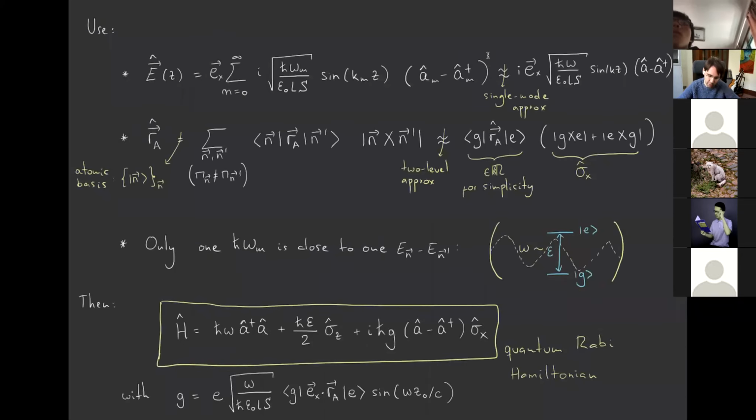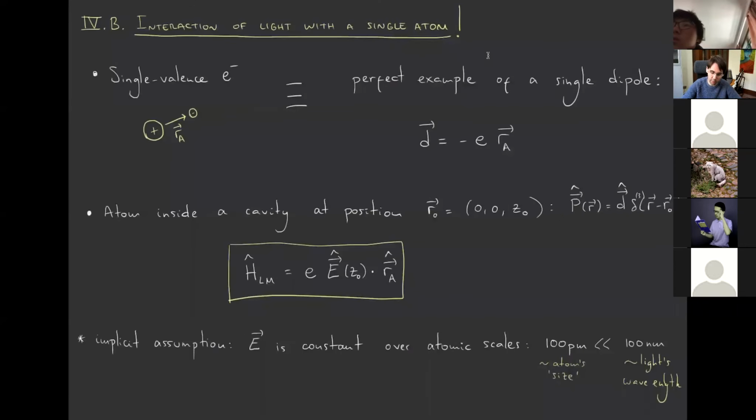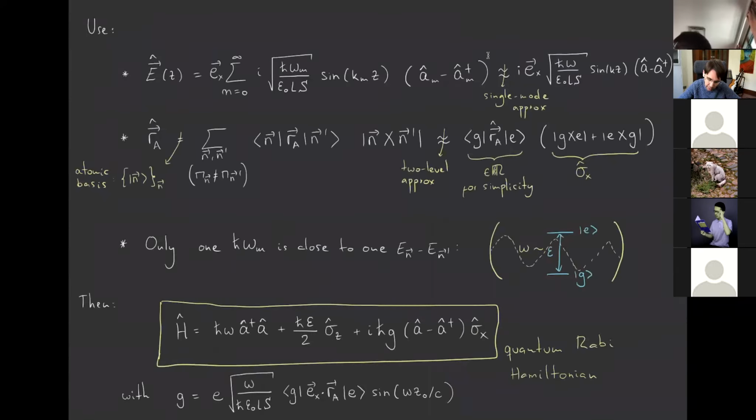Okay, then what we saw is that this generic Hamiltonian of one atom interacting with the electric field of a cavity can be further simplified if we assume that there is only one atomic transition that is resonant with only one optical mode in the cavity, of frequency omega.